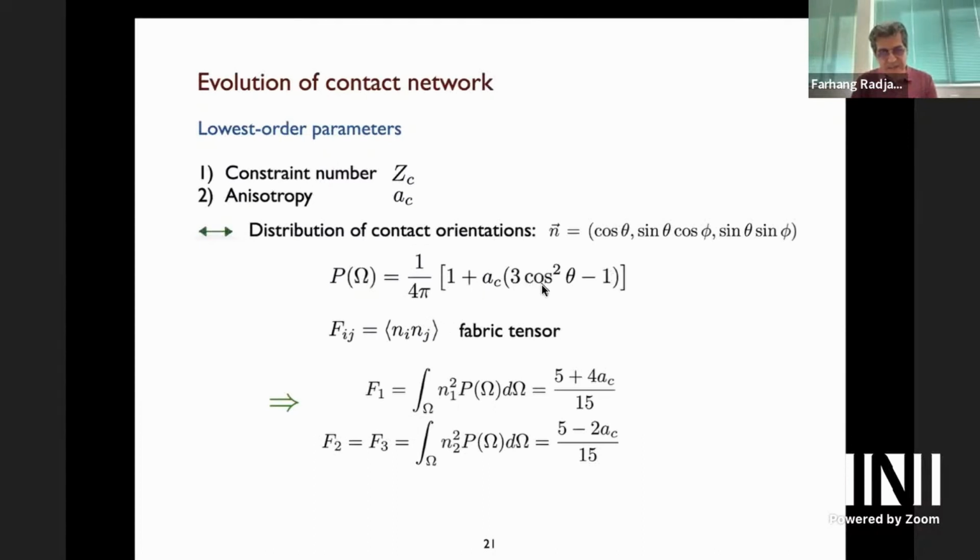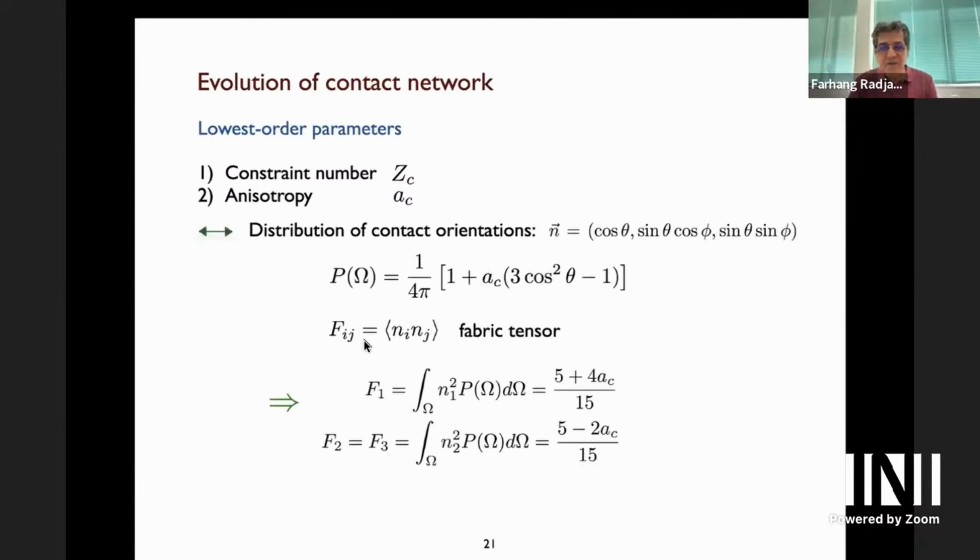Here it's even easier because it depends only on theta, the latitude, and not on the azimuth angle. Here is the unit vector, which shows the direction or orientation of a contact, and AC represents the anisotropy of the contact network.